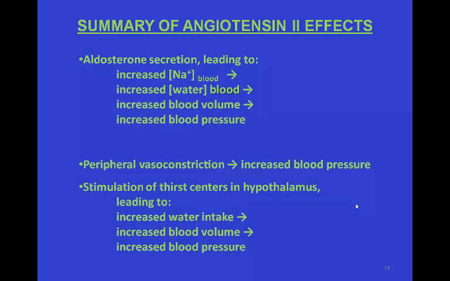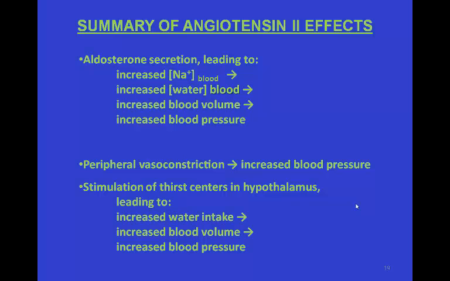Both of these entities will increase in concentration in the blood. This will bring the blood volume up, and will bring the blood pressure back to normal. If you look at the second one, peripheral vasoconstriction, that means that blood vessels in the skin and the mucosa will become more narrow in diameter.